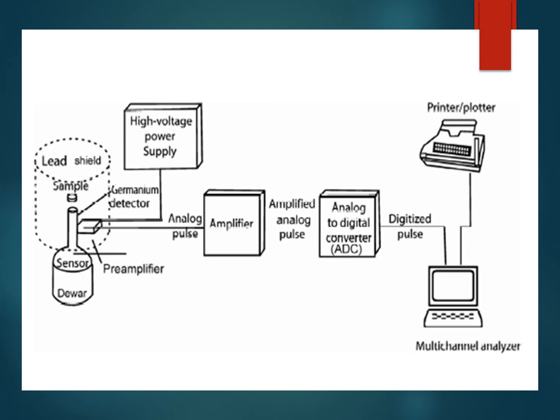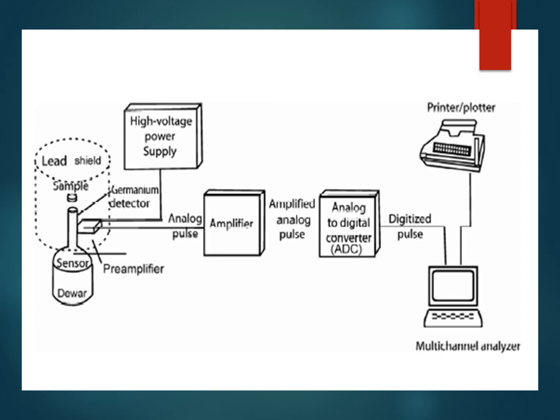It has a high voltage power supply, and the amplifier is amplifying the signal. If signals are very weak, then the amplifier will amplify those signals and make sure that they become much more intense, so they can be determined easily.